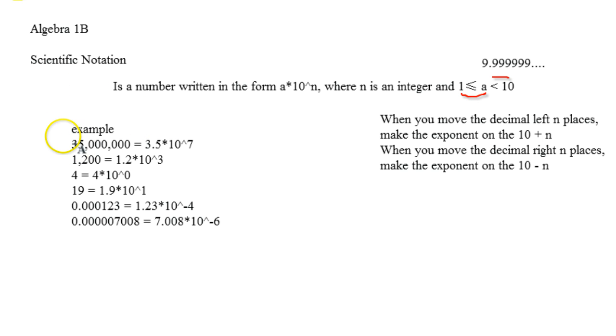Here are some examples of how this works. 35 million becomes 3.5 times 10 to the 7th. 1,200 becomes 1.2 times 10 to the 3rd. 4 can actually become 4 times 10 to the 0, and you'll understand where these exponents are coming from. 19 becomes 1.9 times 10 to the 1st, although technically smaller numbers such as 4 and 19, we won't mess with too much, but if you had to get really strict, you could write it like this.